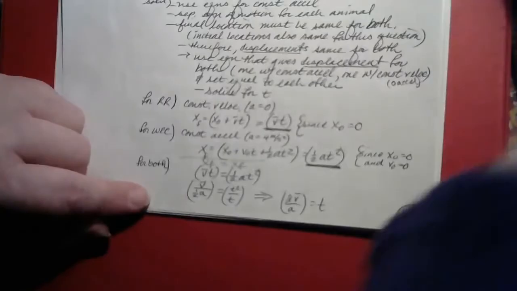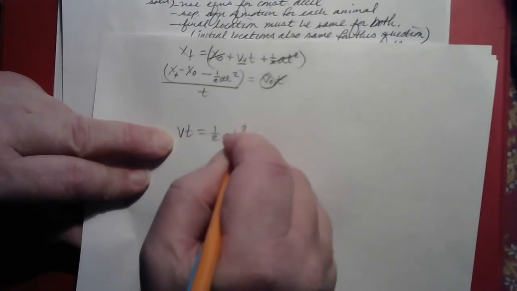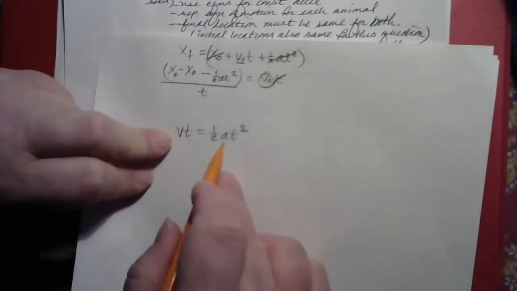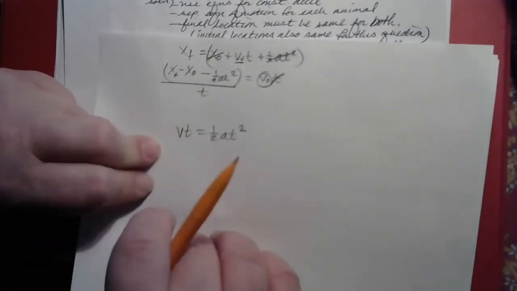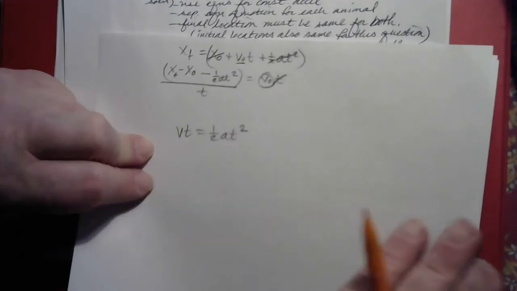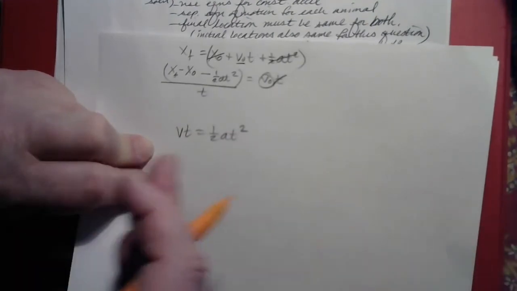And in order to solve for T, we've got T on both sides, and we've got other stuff on both sides. So what you're going to have to do is segregate the times on one side of the equation and everything else on the other side of the equation.